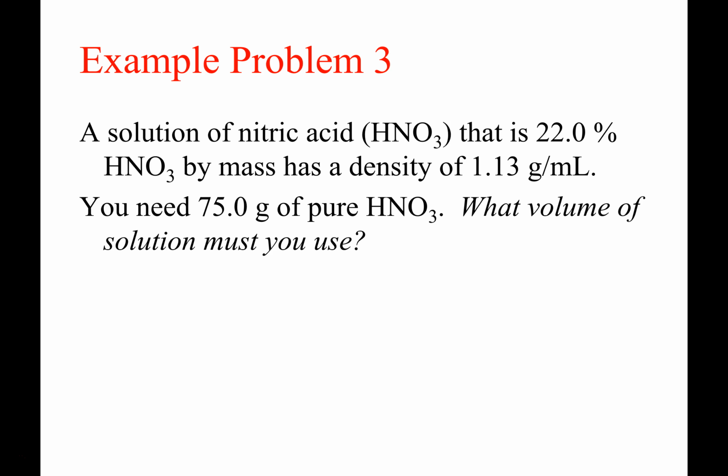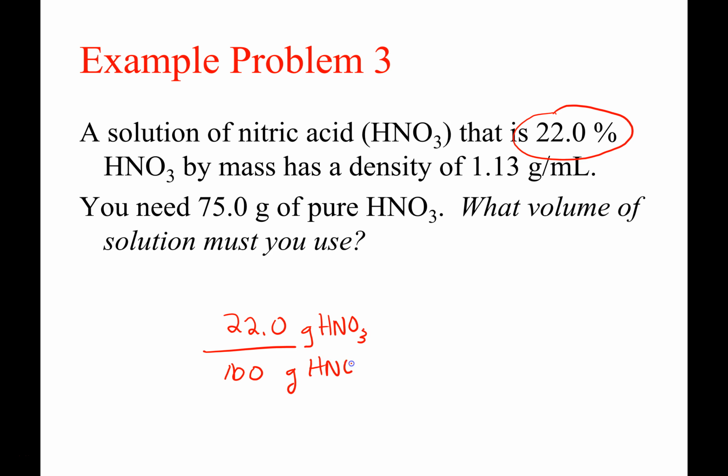Whenever you see 22.0%, you can start writing 22.0 over 100. That's the parts per 100. In this case, it's 22.0 grams of pure HNO3 over 100 grams of HNO3 solution. It's watered down HNO3.